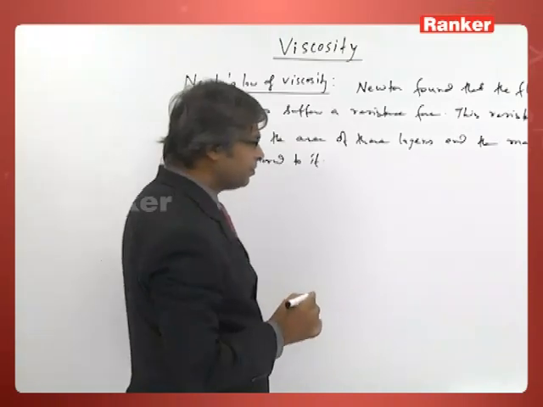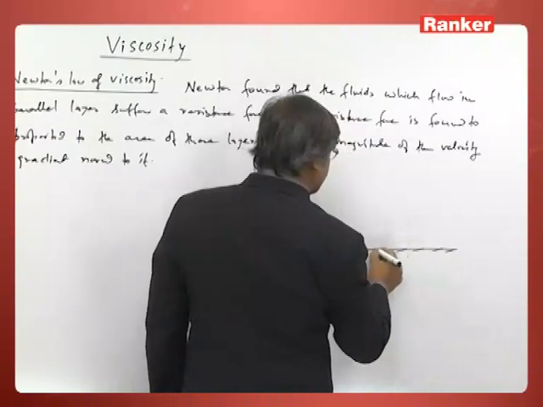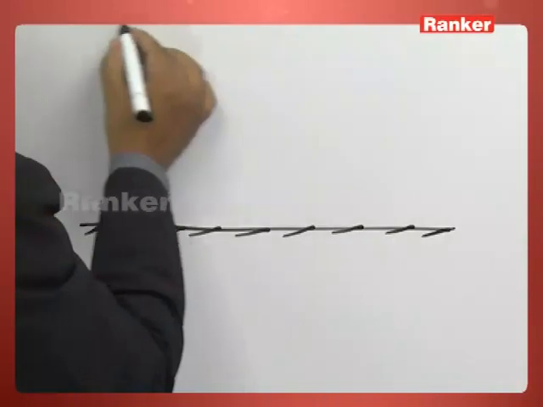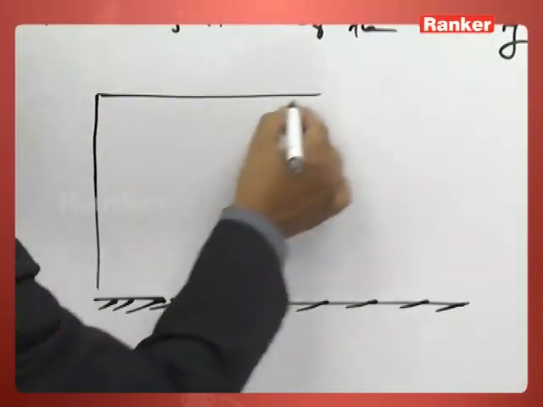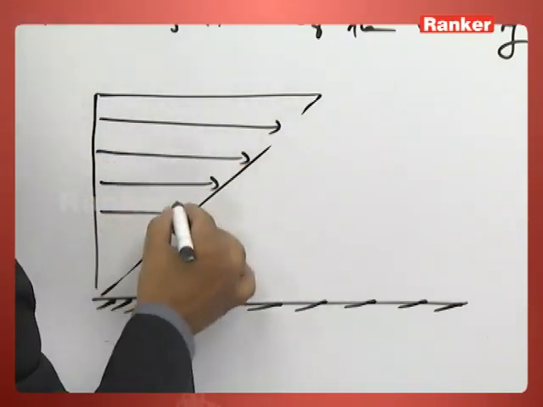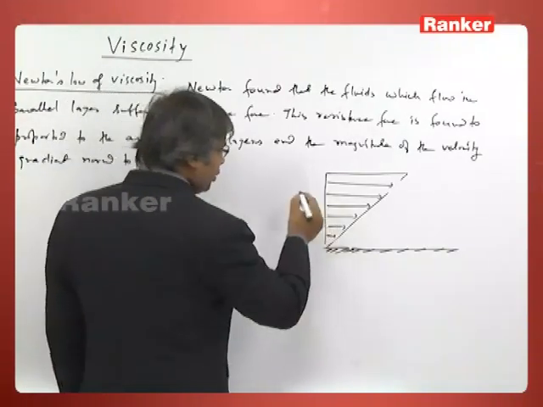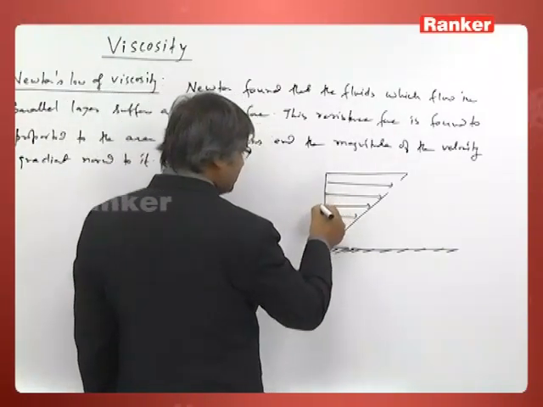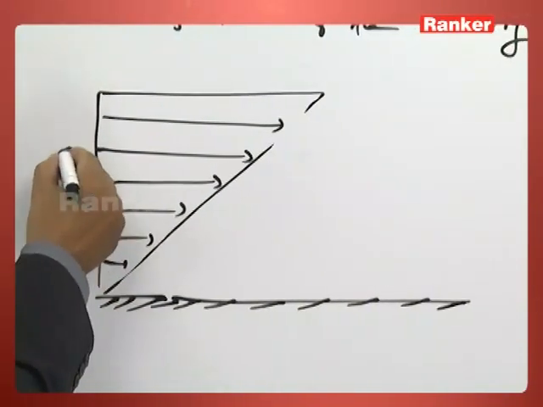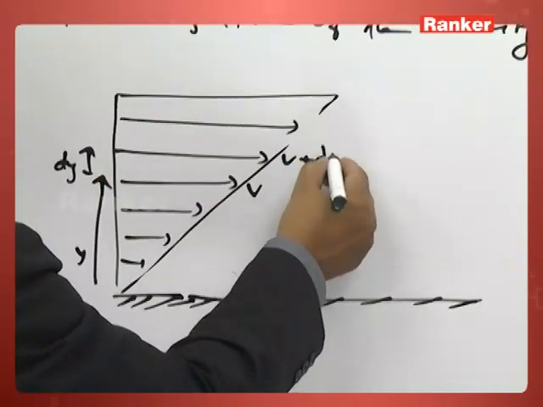That means, if the sheets, so this is the surface, a static surface on which there is a laminar flow, so that you can see the liquids flow in these directions, sheets. So, suppose this is the height, I say y, and this is dy. Suppose here it is v and here v plus dv.